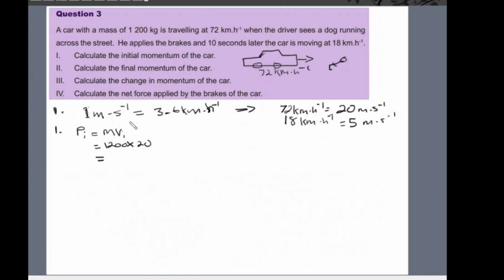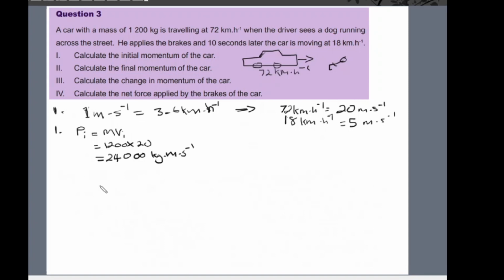Therefore, the initial momentum of the car is 1,200 times 20, which will give us 24,000 kilograms meter per second, right?